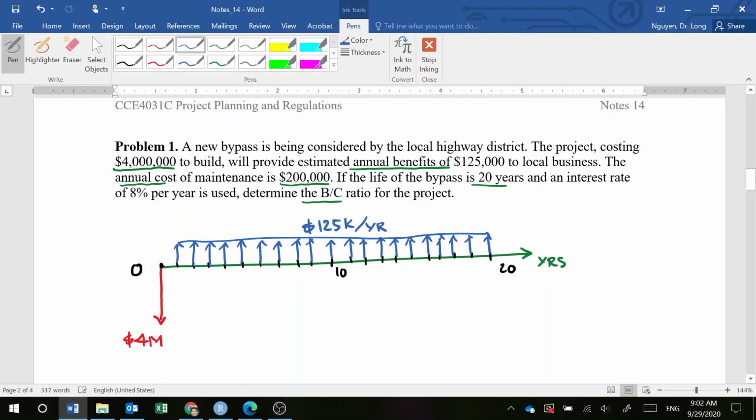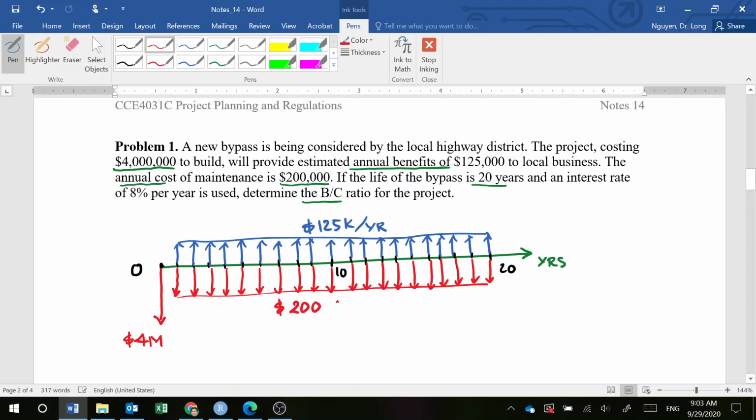The annual cost for maintenance is 200,000, so costs go down and happen every year with the operation and maintenance. This is 200,000 per year. For thousands, I put K in there.